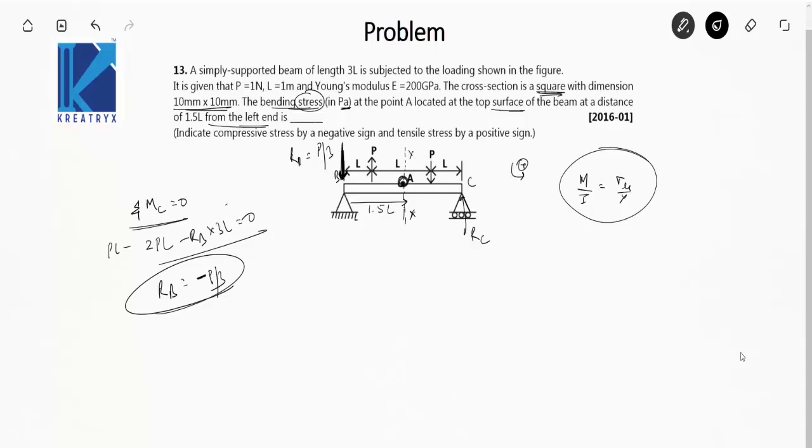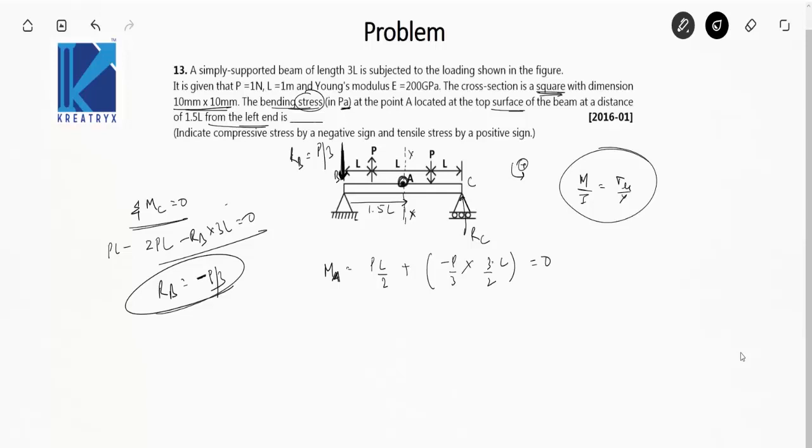Now the moment at the cross section passing through A, let it be denoted by MA. So P into L by 2, plus minus P by 3 into the distance, that is 1.5 L, which is 3 by 2 L, is equal to 0.